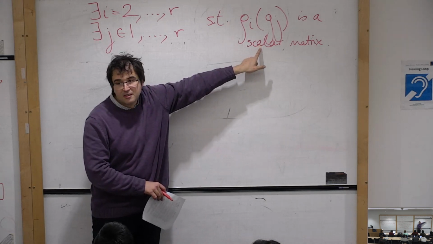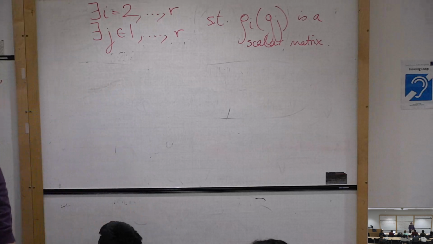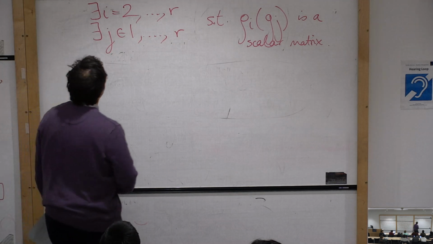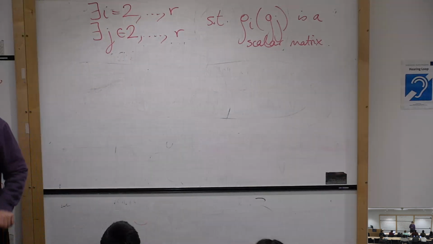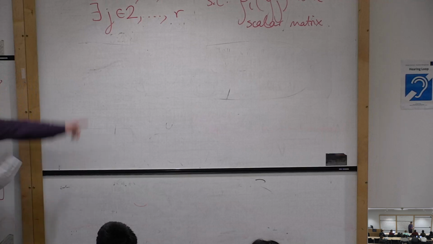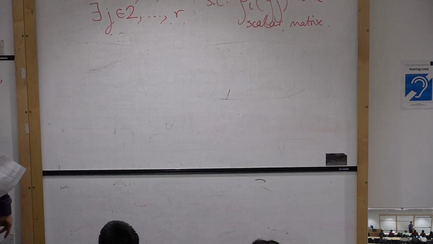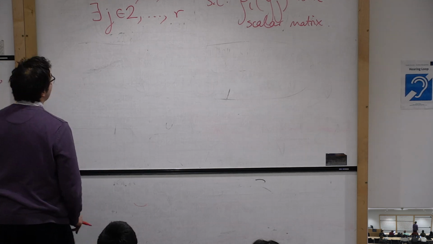I mean, we need G J to not be the identity, because if G J is the identity, then it's trivially a scalar. Are you happier? Yes, I think you're right. The statement was trivial because I could take G J to be one. All right, thank you. So we have to scan the character table.